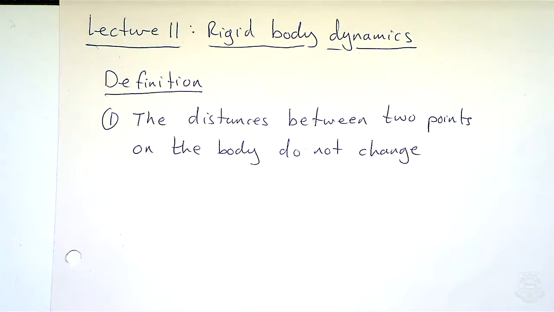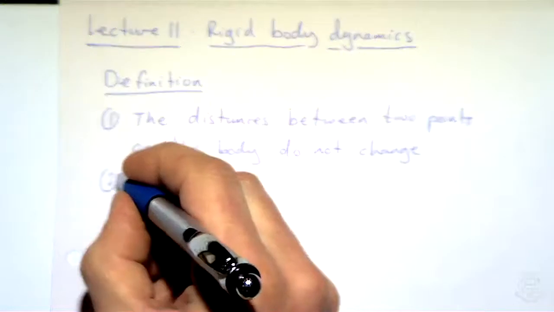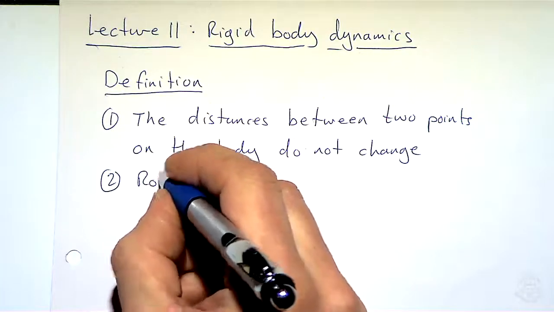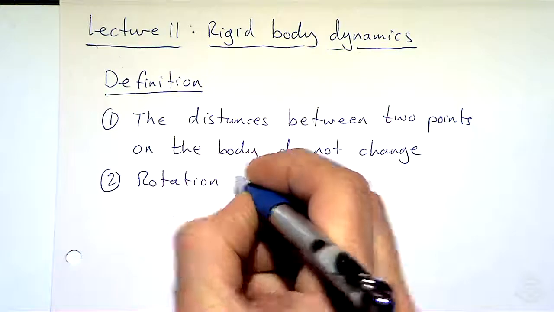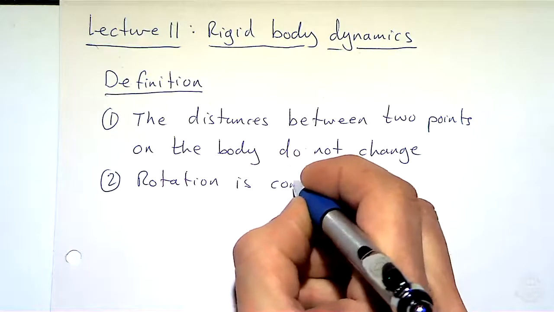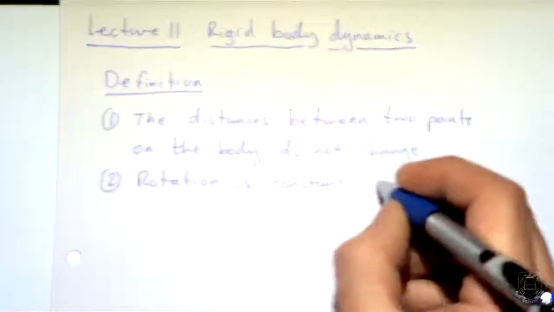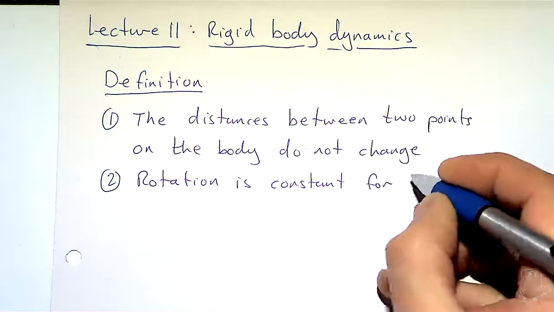That means we can't squeeze or deform or deflect this body. Points that are on it stay the same distance apart. And the second thing is that rotation is constant for all points on the body.